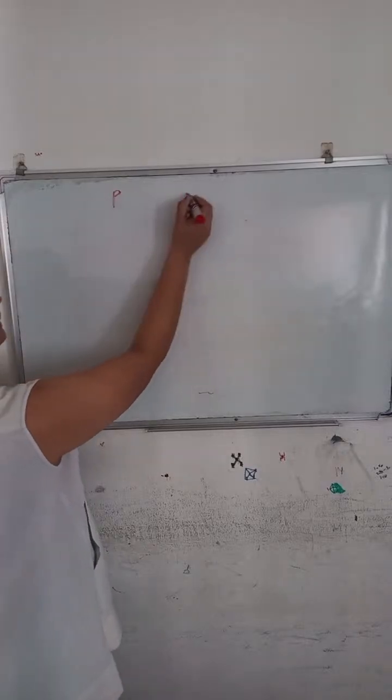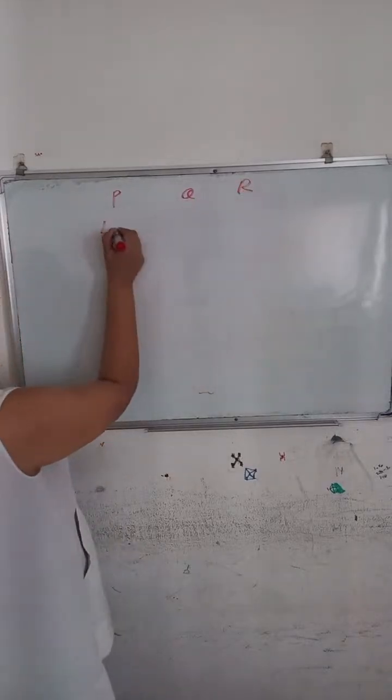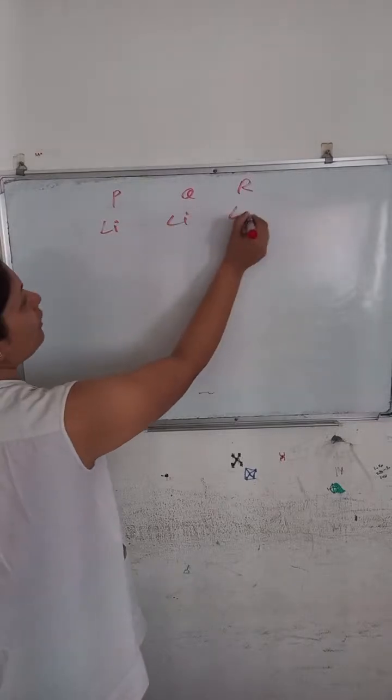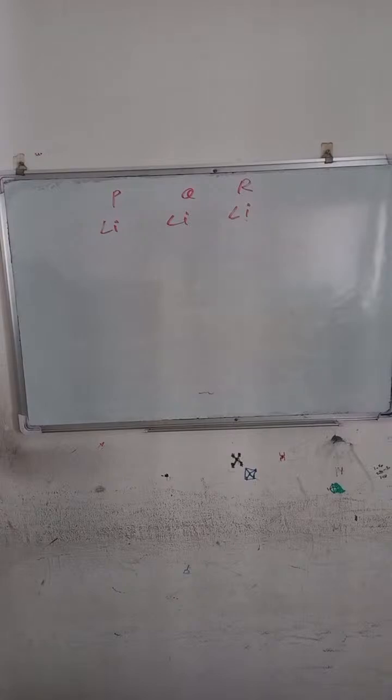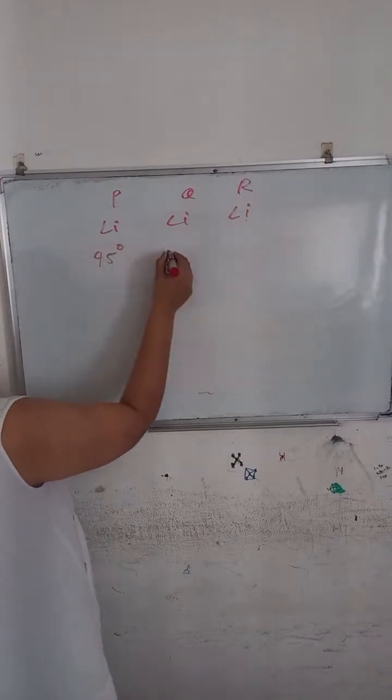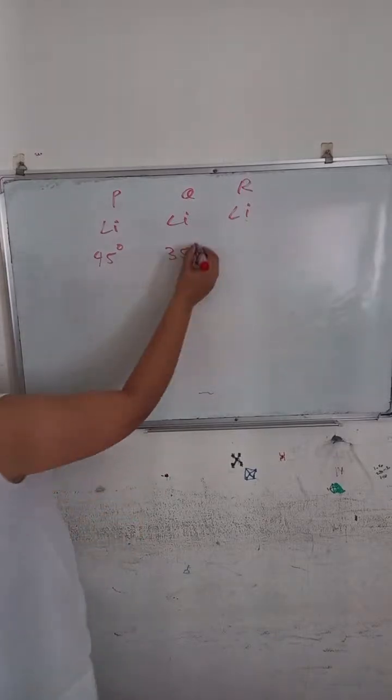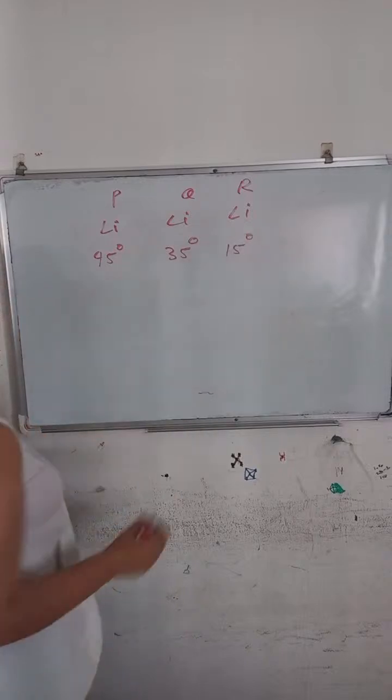We have P, Q and R, and the angle of incidence for all 3 media is the same, but the angles of refraction are 45 degrees, 35 degrees and 15 degrees. They are asking in which medium the velocity of light will be minimum.